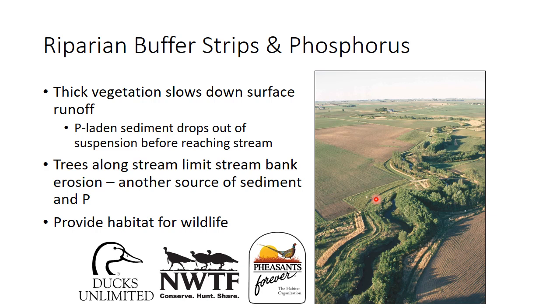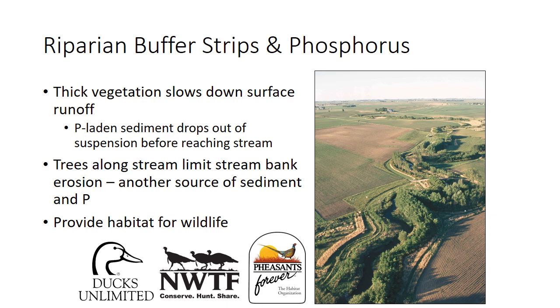Another way is the trees along a stream like this can actually help prevent stream bank erosion. So the less stream bank erosion there is, the less sediment and the less sediment-bound phosphorus there is that actually makes its way into the water and heading downstream. And one side benefit of this is that by creating these buffer strips, we're also providing habitat for ducks, turkeys, pheasants, and other desired wild game that are often hunted.